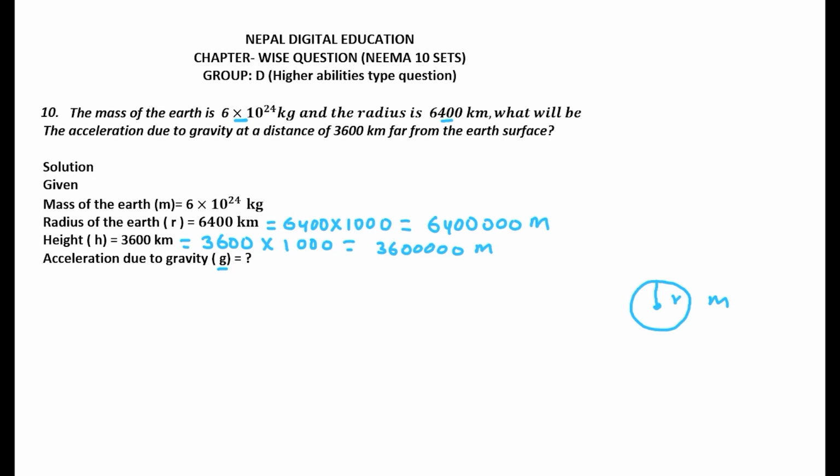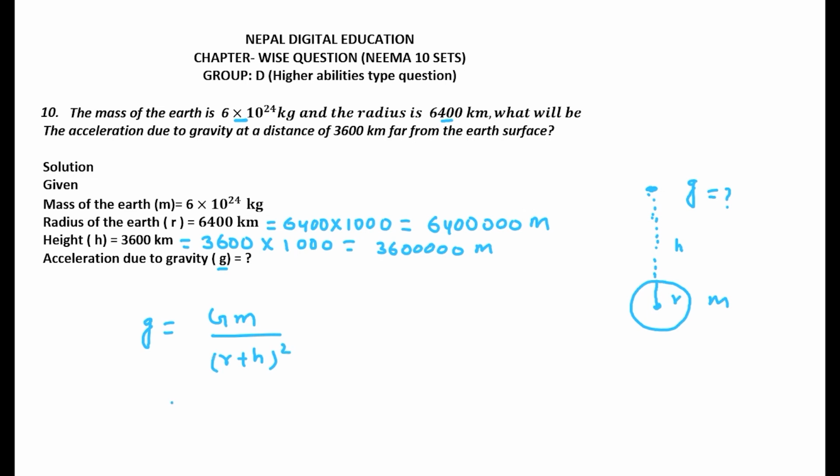At this height, what will be the value of g? We have to find this g, and h is given. So in this case we have the formula g equals GM by (r plus h) whole square.